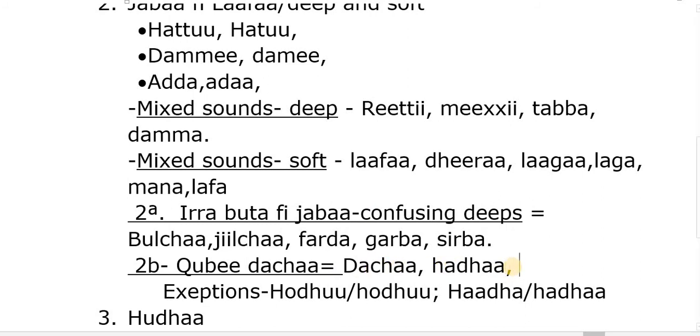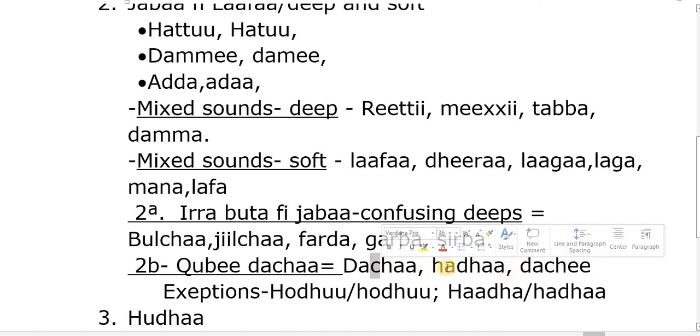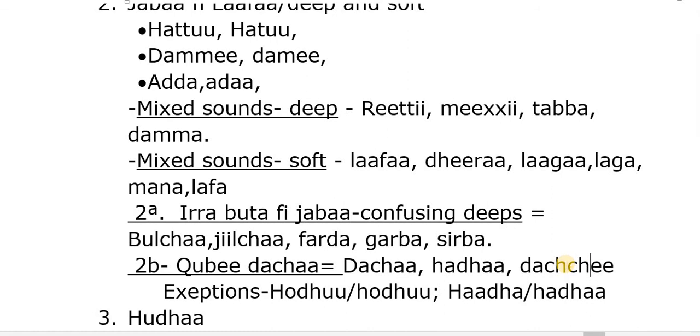I can add dache as well. They are strong. Even though they are strong sounds, because they are compound sounds, we never double compound sounds either. That is another rule.